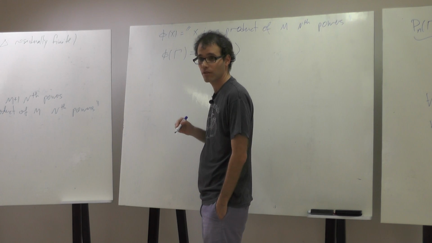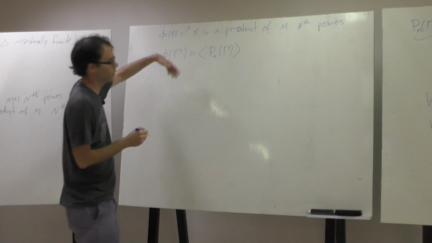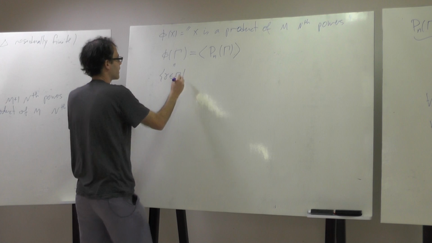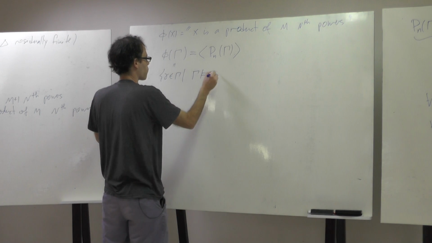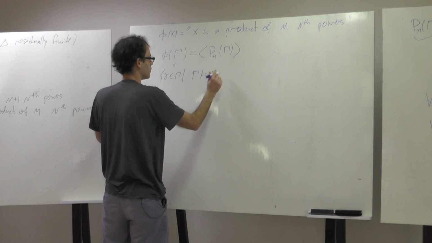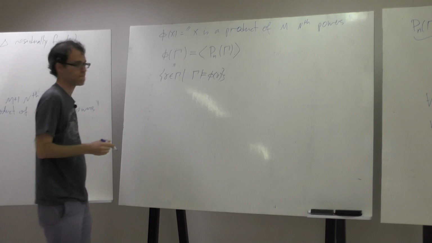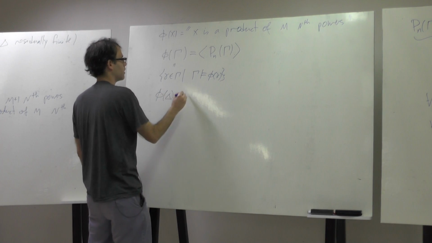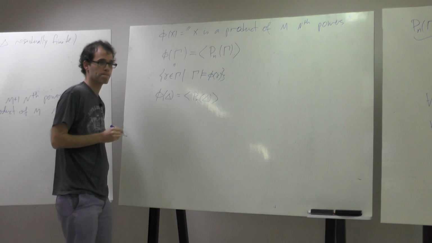Phi of gamma is the set of all x in gamma that satisfy phi in gamma. But also, for the same reason, phi of delta is the group generated by nth powers in delta.